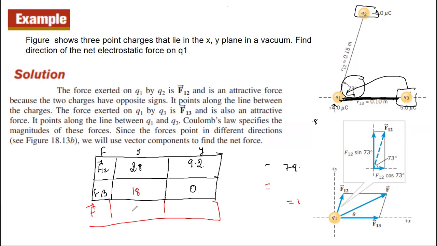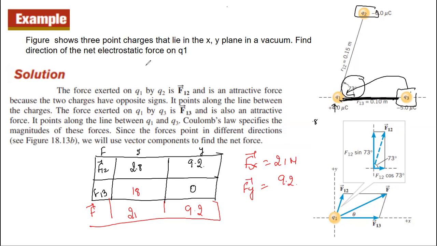It is 18 plus 3, which is 21. And on this side, my total y component is 9.2. So I've got Fx, the total force in the x direction, 21, and the total force in the y direction, 9.2.